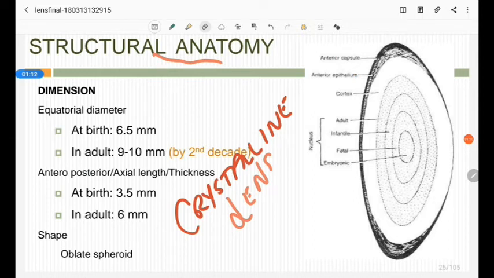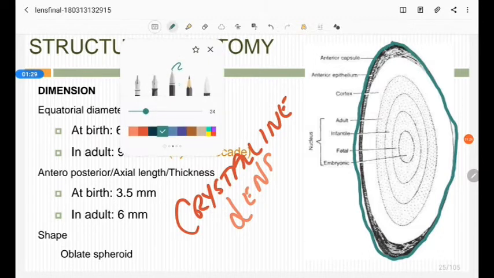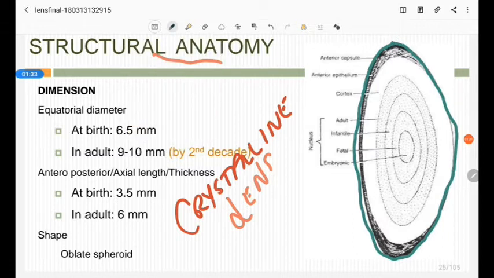You should know that apart from the capsule in which the lens is resting, there is also what we call the anterior epithelium of the lens.